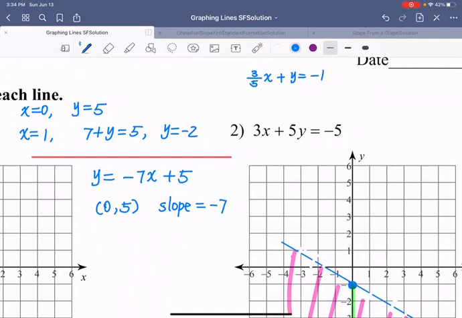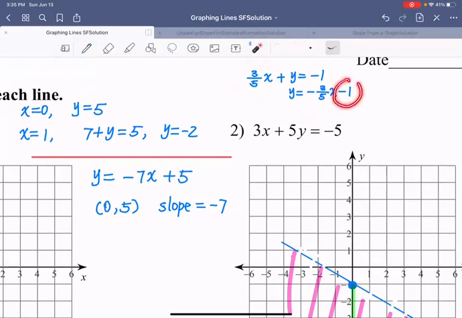Next, and then you move that term to the other side. Correct? Yeah. Okay.